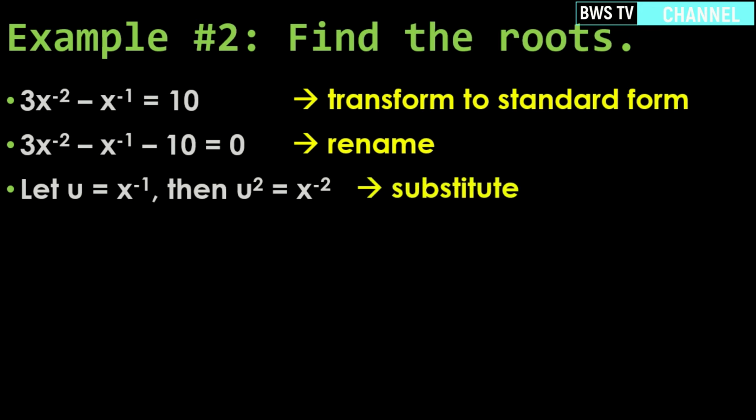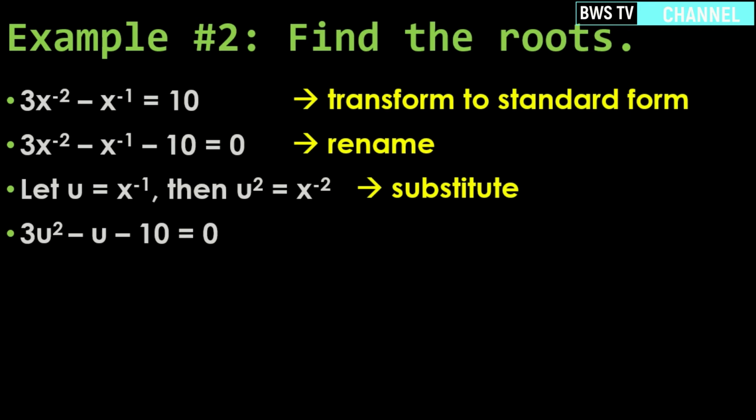So next, after you rename, then substitute to the previous equation in standard form. So change x negative 2, then x negative 1 to letter u. So you have now quadratic equation. 3u squared minus u minus 10 is equal to 0.